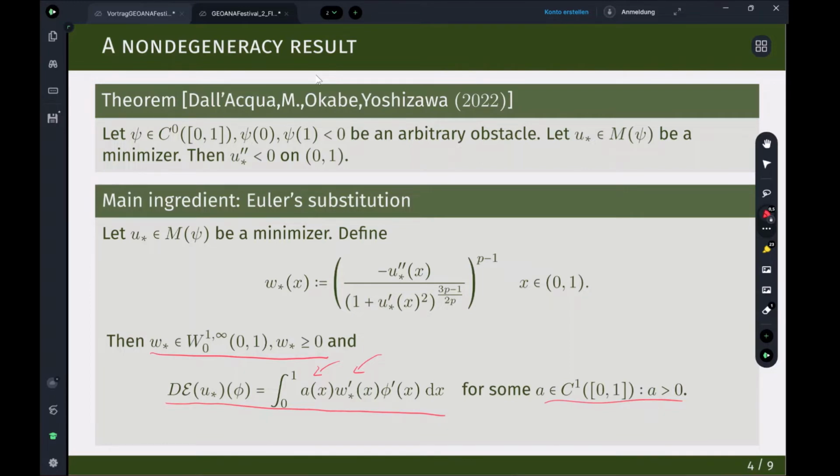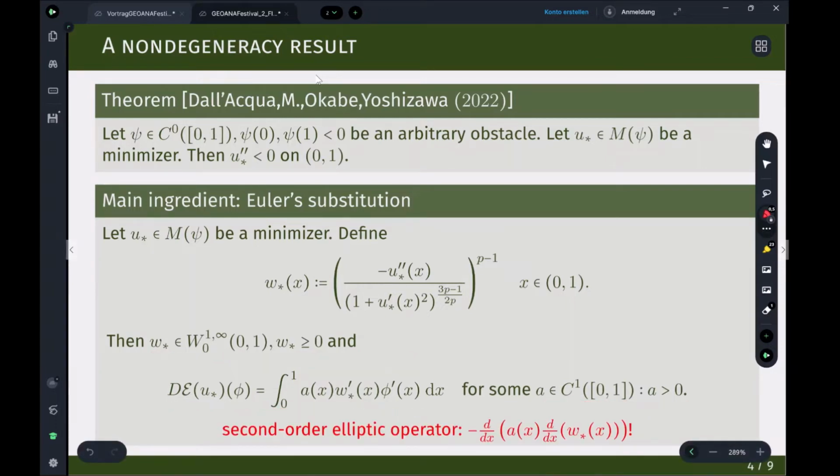And this is great, since if you now integrate by parts in this equation and shift the derivative of phi to the rest, you get a second order elliptic operator, negative d over dx of a positive function, so a positive matrix, but it's only a one times one matrix, times the derivative of w star. And this makes this derivative a second order elliptic operator in terms of w star.